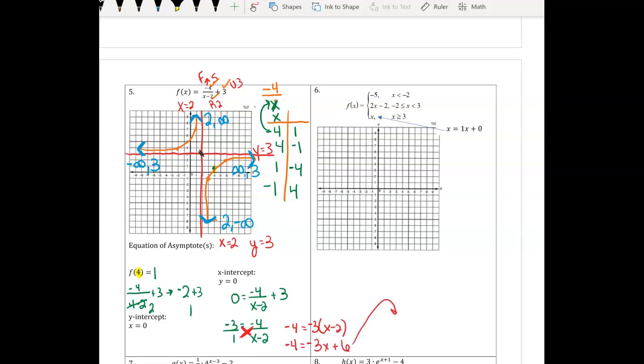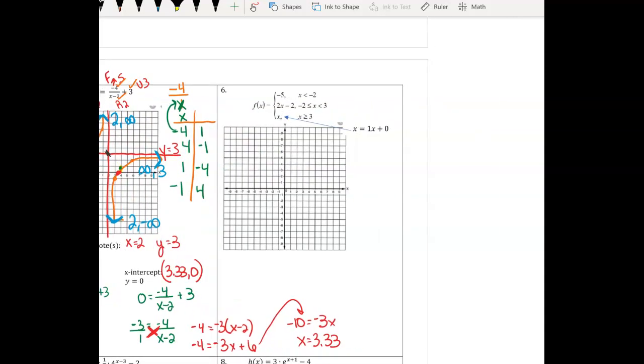And now I'm going to subtract my 6 over to join the negative 4. So it leaves me with a negative 10. And then I'm going to divide by negative 3, and when I do that, I get x equals 3.33. So is it possible that this point right here is 3.33? Yes, it sure is. So 3.33 comma 0 is my x-intercept.